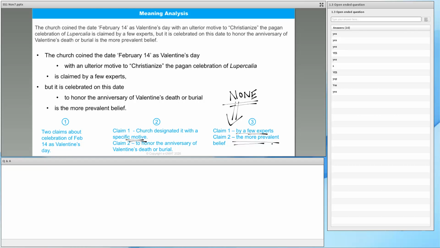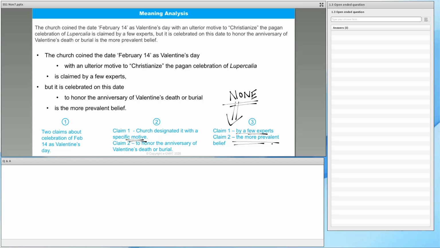He's merely listing this out over here. Claim 1 is by a few experts. Claim 2 is the more prevalent belief, but neither one of these claims is by the author. Is that part clear? Look at the sentence once again before I go forward.